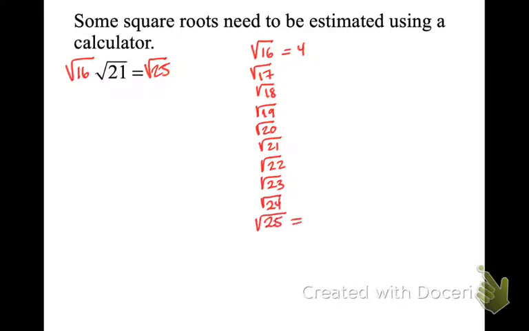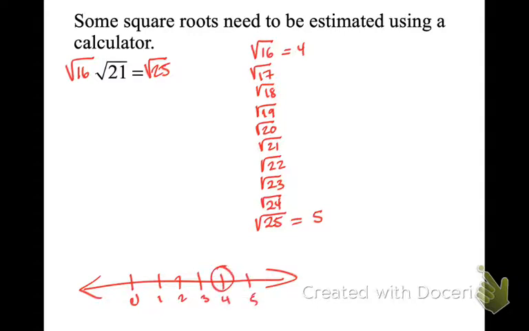Okay, if we know that the square root of 16 is 4 and the square root of 25 is 5, we know that the square root of 21 is somewhere on the number line between the integers of 4 and 5. It's somewhere in here.